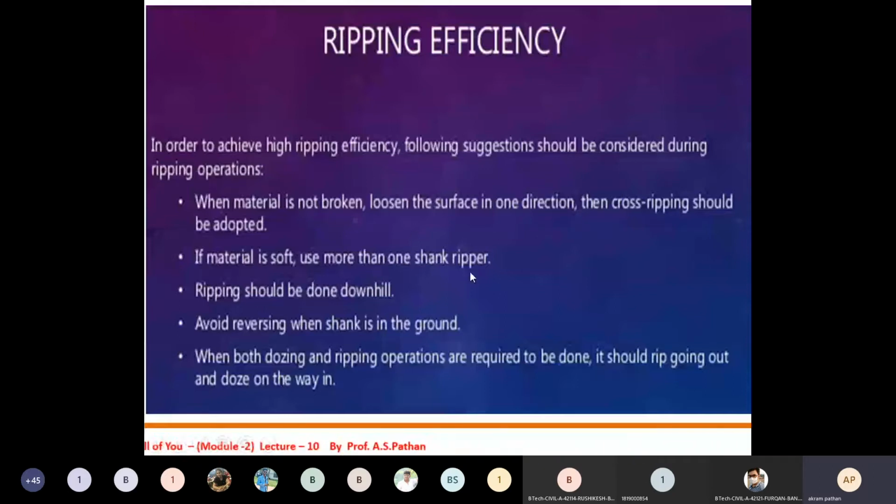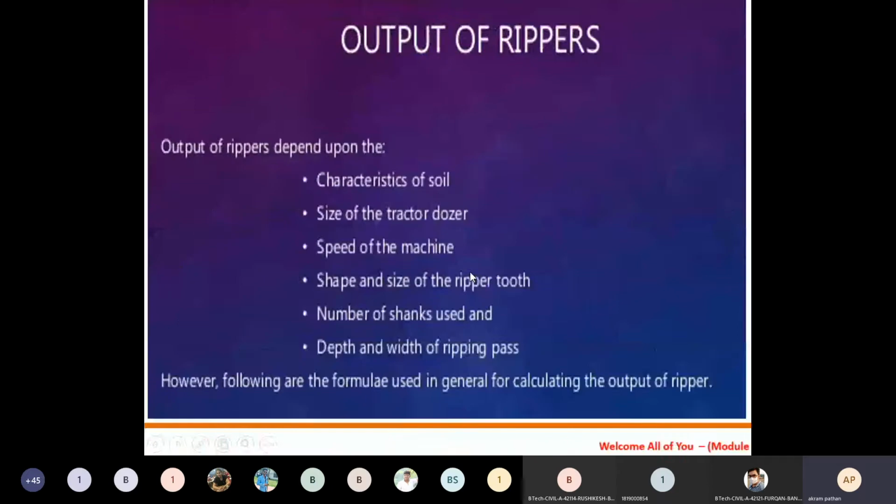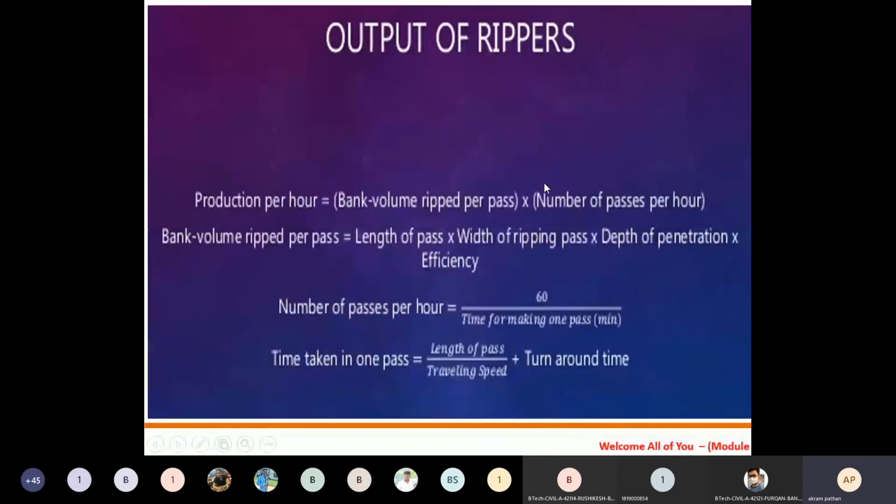So these are the parameters we have discussed in the last lectures. Then the output of rippers depends upon these variables: the characteristics of soil, size of the tractor or dozer, speed of the machine, shape and size of the ripper tooth, number of shanks used, then depth and width of the ripping pass.